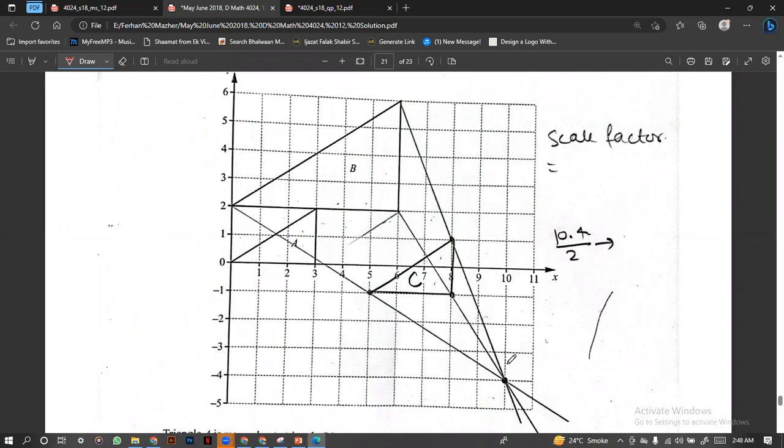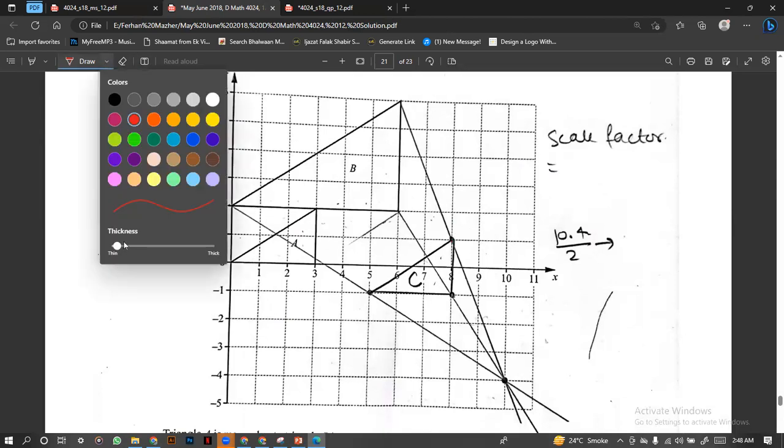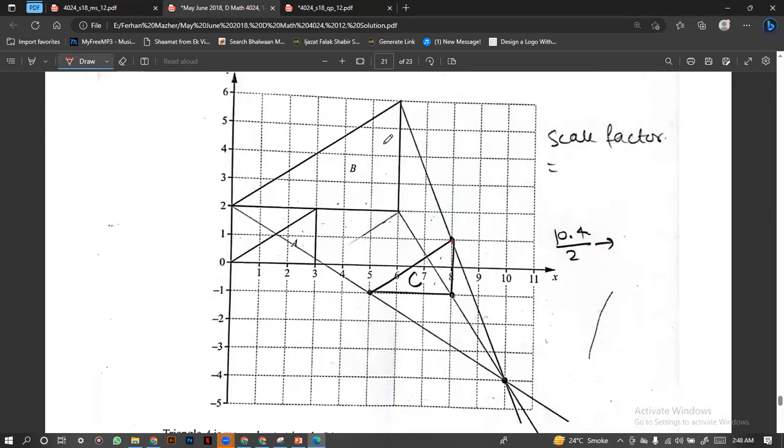Then I halved this distance, so I got this point. Whatever was this distance, I halved it, so I got this. So this is the triangle C.